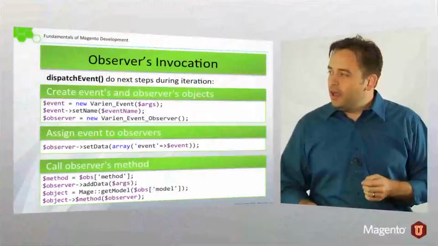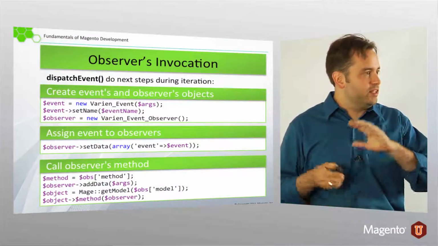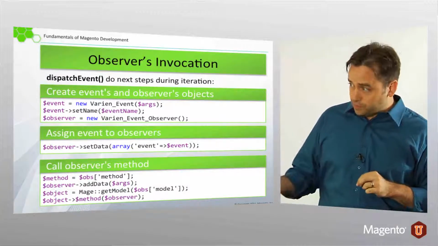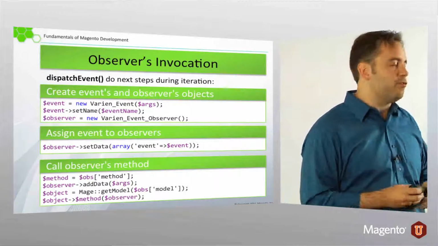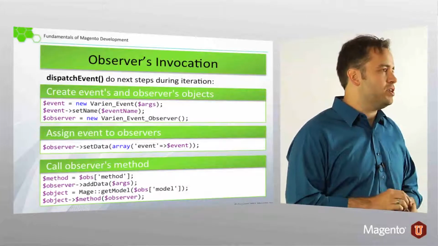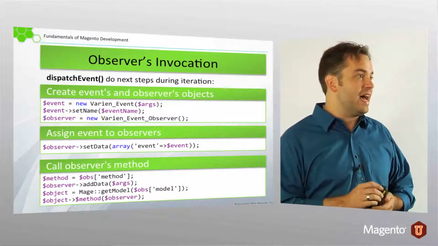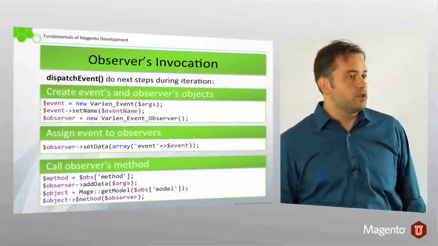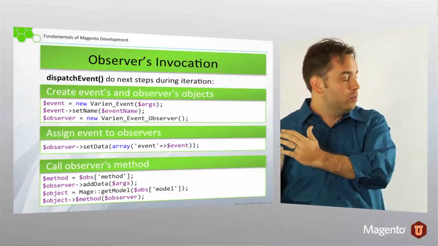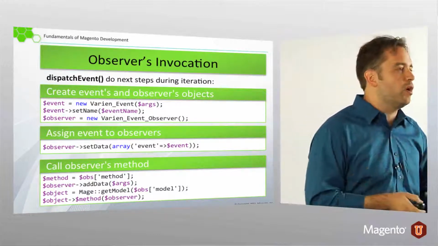But for right now, you should just be aware that there are a couple of different objects at play in the event observer system, and that fundamentally, through configuration, we cause a model to be instantiated, and then that model receives its data through the observer. Basically, that's how everything is passed in to the model we want to use to operate on whatever's going on.